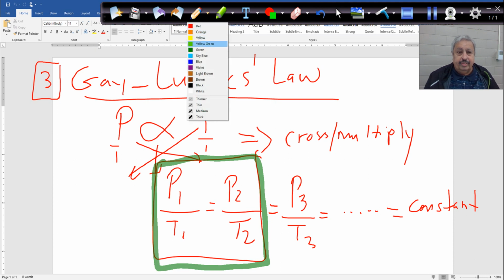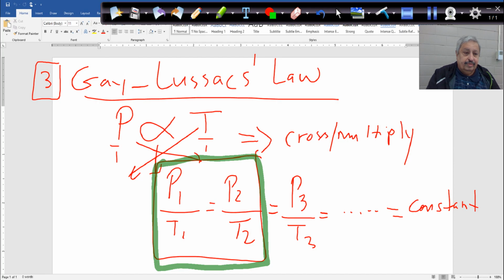And this one here is Gay-Lussac's law. Okay, the higher the pressure, the higher the temperature. The lower the pressure of the gas, the lower its temperature.